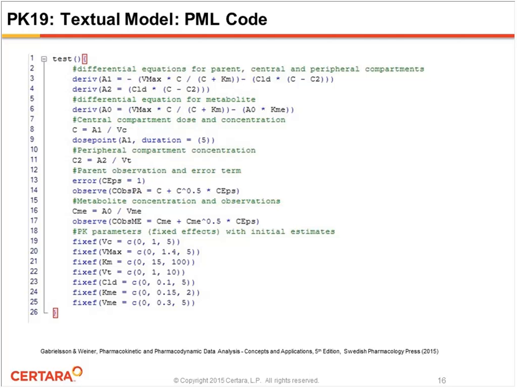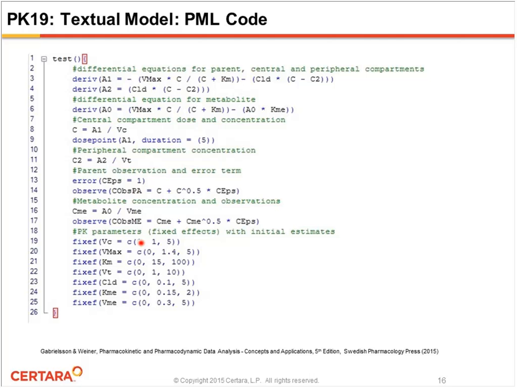For the metabolite, the concentration of metabolite is according to the volume of distribution of the metabolite and the initial amount of the metabolite. And then we have the observed statement here. This is where we're actually comparing the observed to the predicted, and the error term handles differences between predicted and observed.